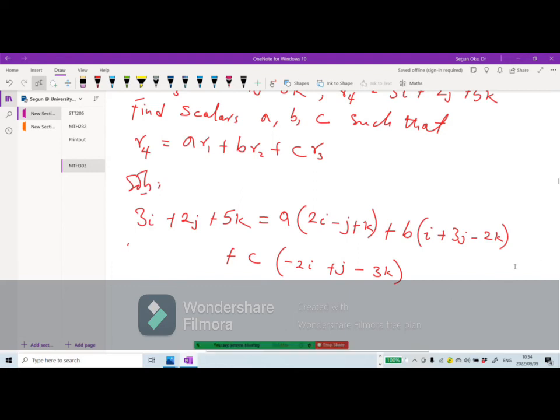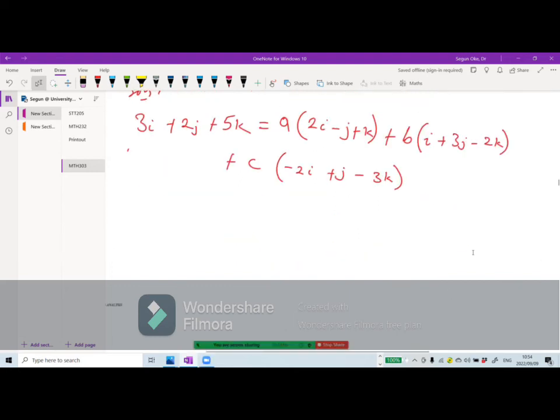Like we did the other time, collate all the i, then collate all the j. Remember, we're using the direction to do that.